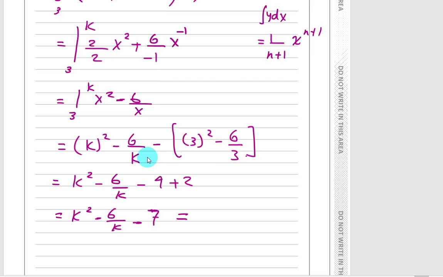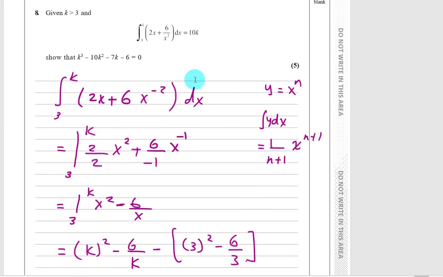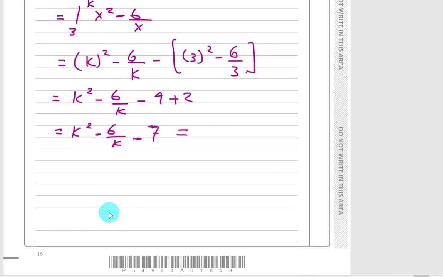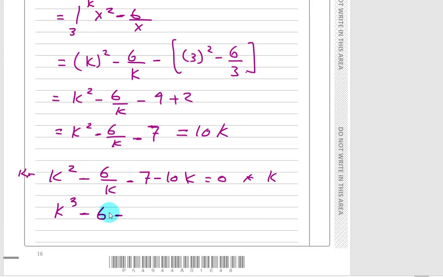This integration will equal, according to the given, 10k. So k² - 6 divided by k - 7 - 10k is equal to 0. Let us multiply by k. So k³ - 6 - 7k - 10k² will equal 0.